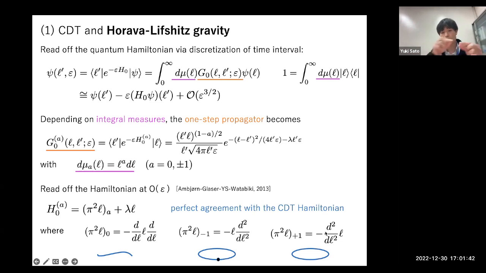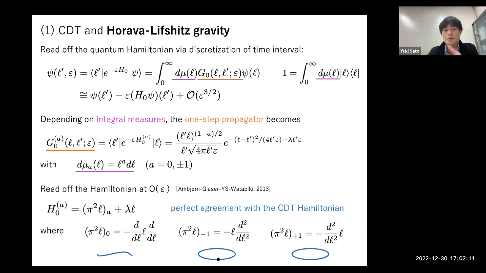However, you can also think of the open universe case. In such a case, the CDT Hamiltonian becomes like this. And the middle one is a little bit tricky. Marking the one-dimensional universe corresponds to introducing some coordinates on the 1D universe.